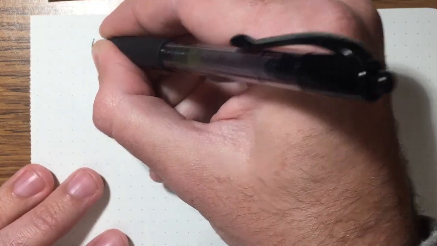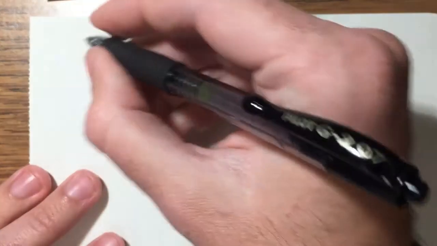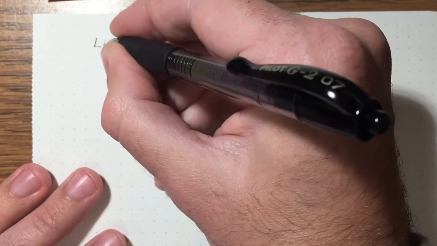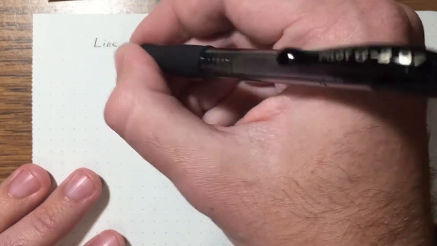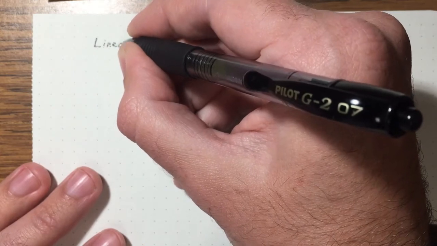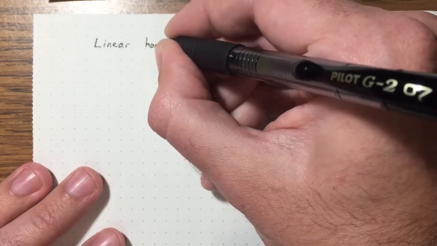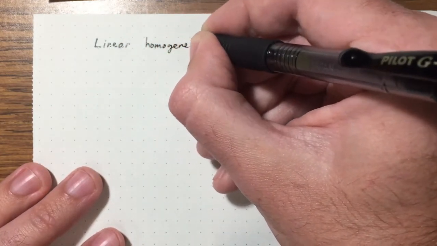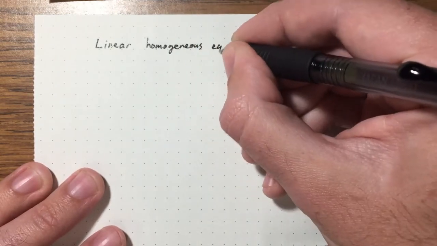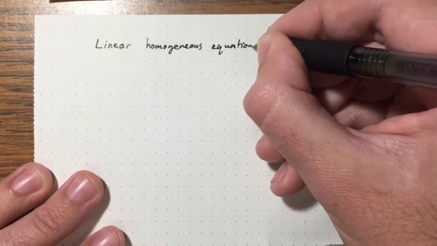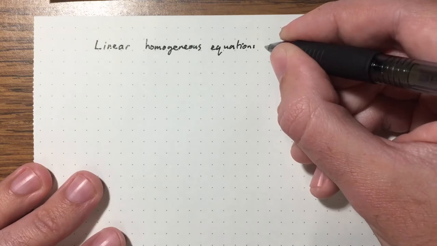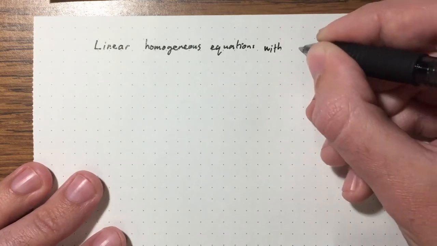And actually, what I plan to do for the next several lectures, I'd just like to focus on an even smaller class of linear homogeneous equations. These will be linear homogeneous equations with constant coefficients.